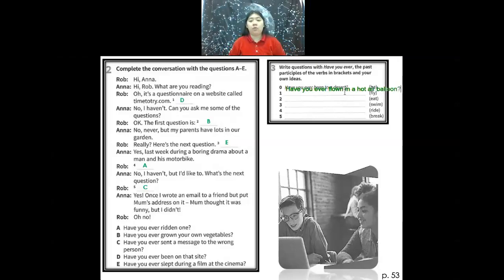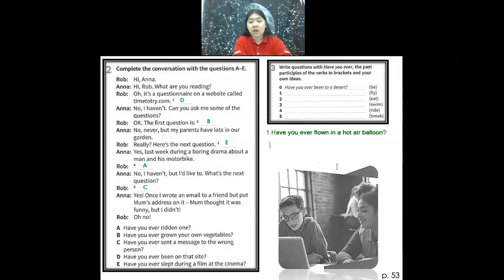Okay, so I will use this one here. Number 1, have you ever flown in a hot air balloon? So I have not flown in a hot air balloon. I would love to try that one time, even though I'm terrified of heights. I would get scared if I go up in a balloon like that.